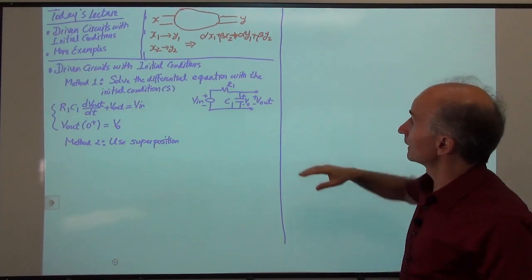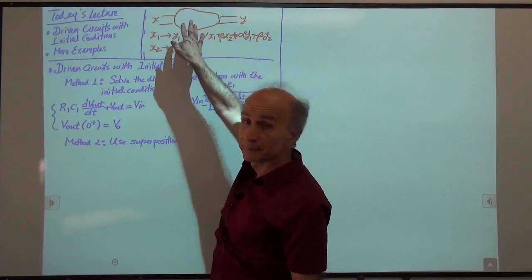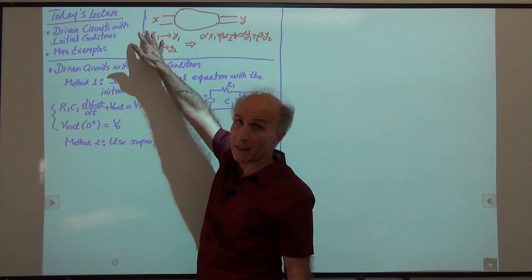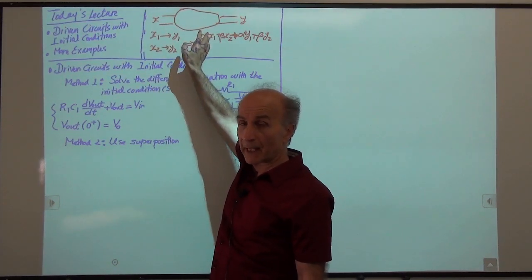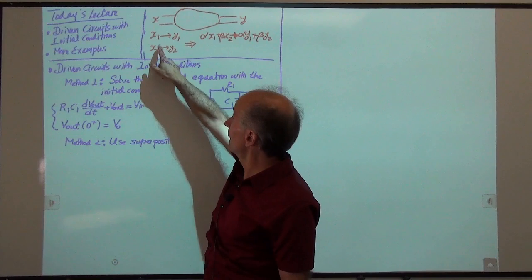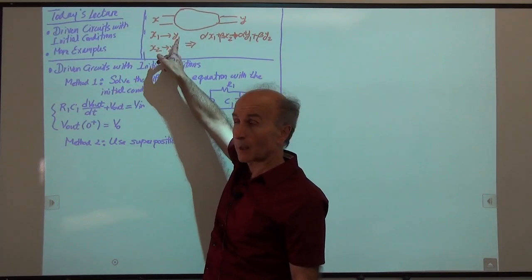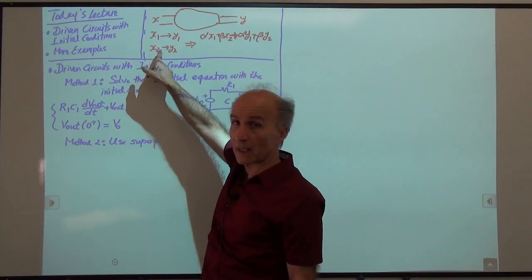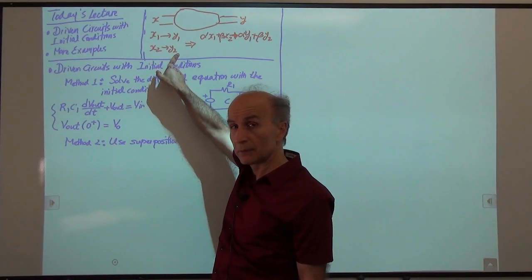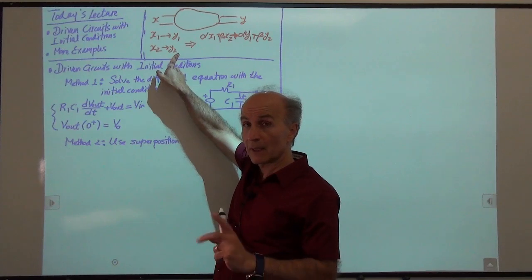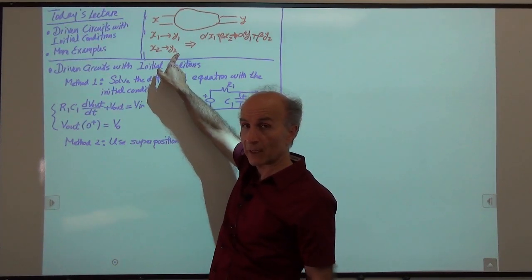Superposition says if we have a system and it has an input X and it has an output Y, and we observe that when we apply one input X1, we get an output Y1. We apply another input X2, we get a corresponding output Y2, then the system is linear if it satisfies the following conditions.